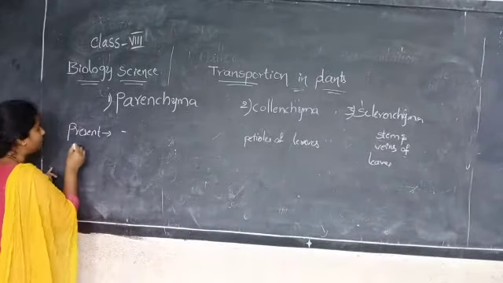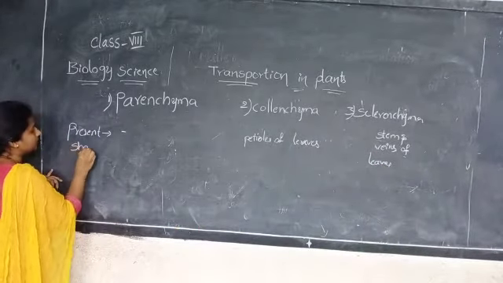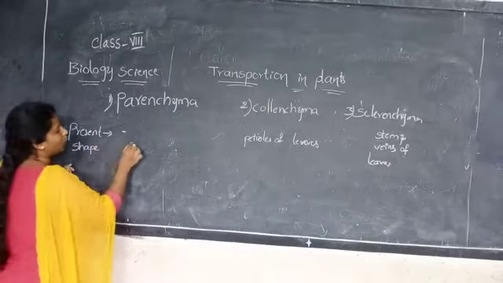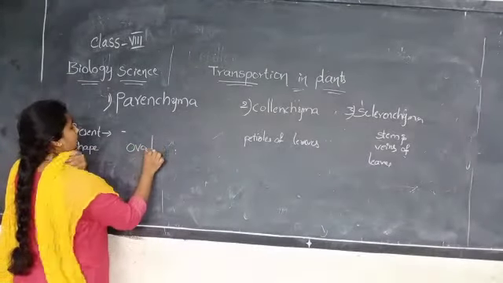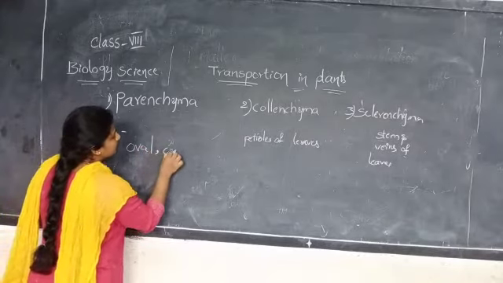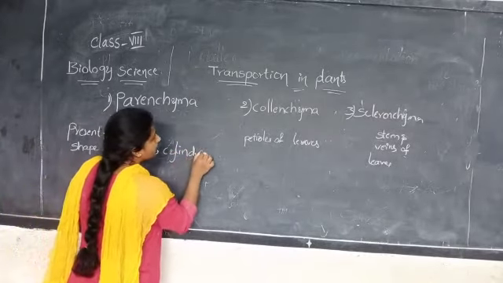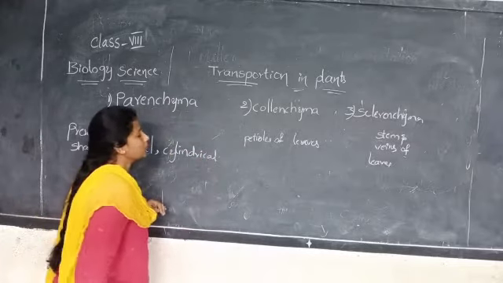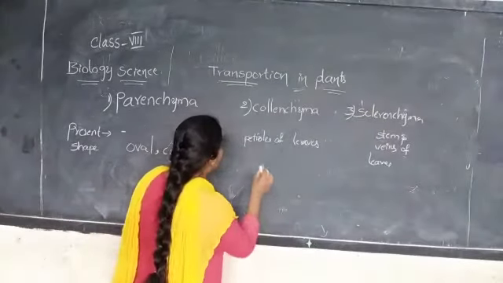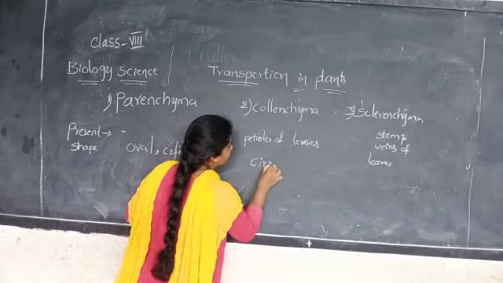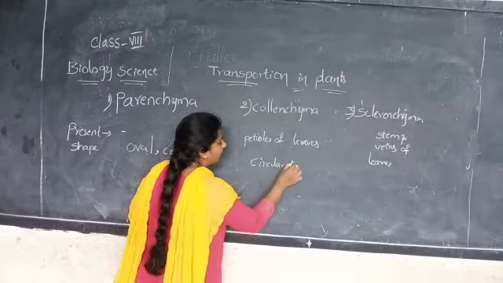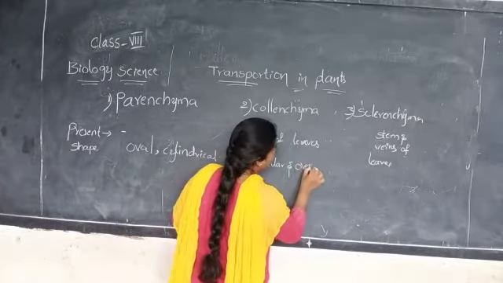The shape of parenchyma is oval and cylindrical. When it comes to parenchyma tissue, the shape is circular and oval.